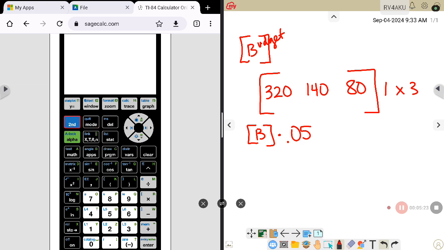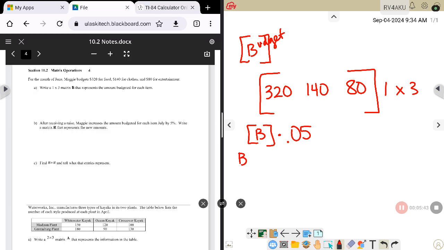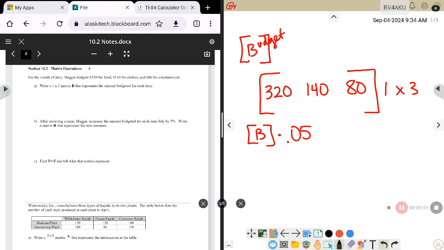So second matrix, there's the one I just stored in the calculator, so enter that, then multiply it times 0.05, enter. So let's see what this does now. So it says to call this matrix R.